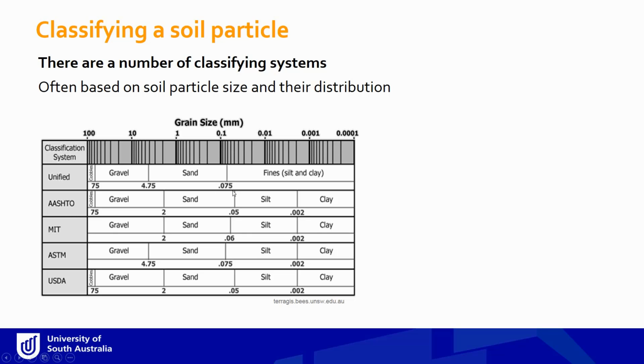And it's a sand particle if the size ranges between 4.75 and 0.075. Anything 0.075 millimeter or smaller than that, we call fines. It can be either a silt or a clay.